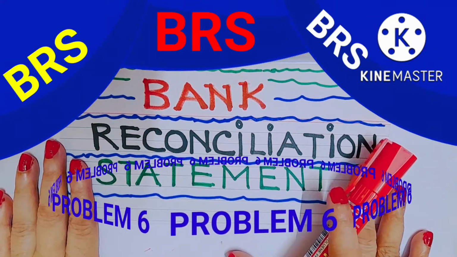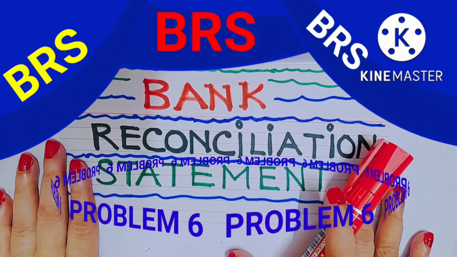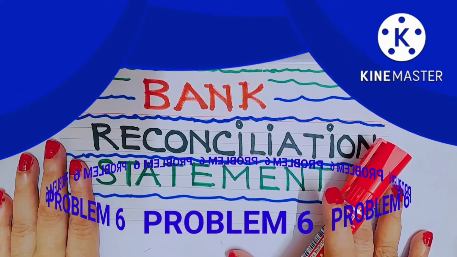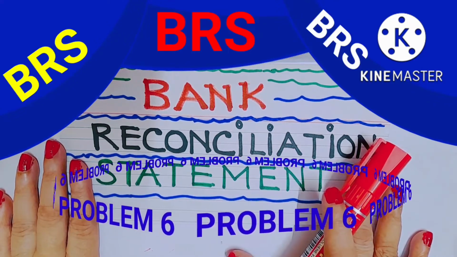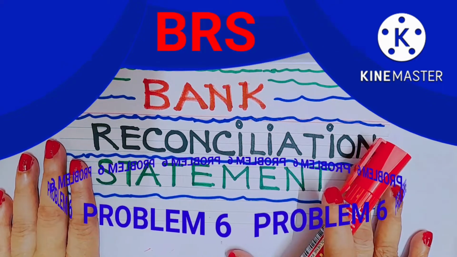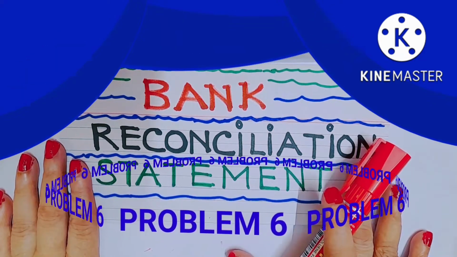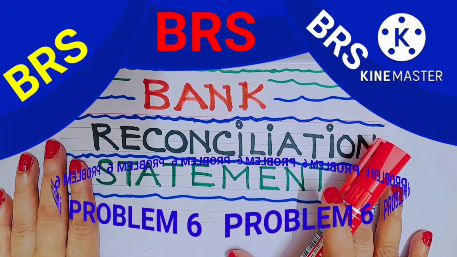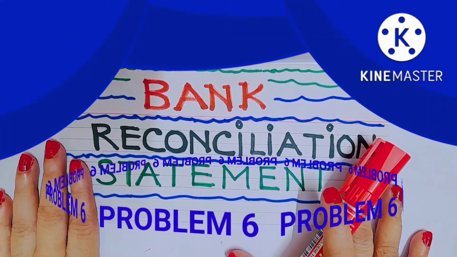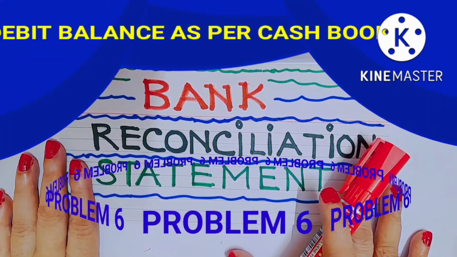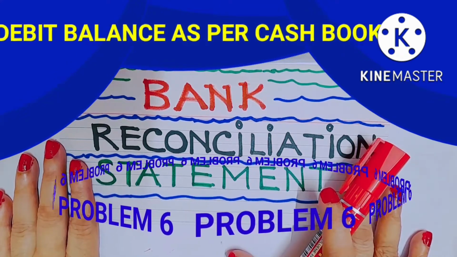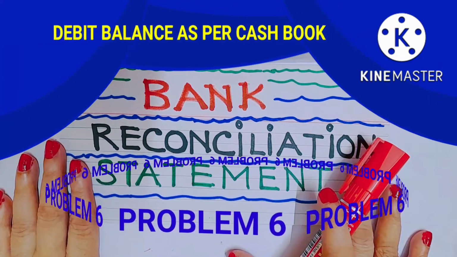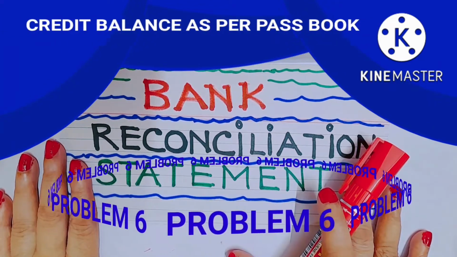Please remember, a bank reconciliation statement or BRS can be prepared by taking the bank balance as per cash book or as per passbook as a starting point. If the BRS is started with the debit balance as per cash book, then the answer arrived at in the end will be credit balance as per passbook.